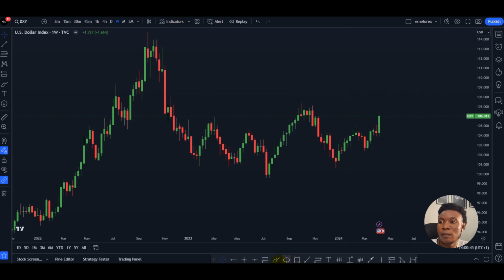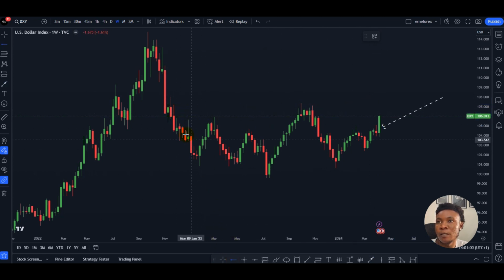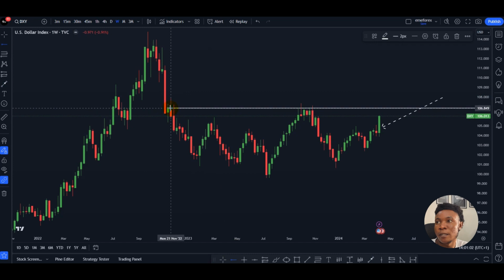So looking at this, we have the previous trading week candle, which was a very strong close on the dollar. And looking at the market structure, this here has been a significant high in the market. This has been like the midpoint.